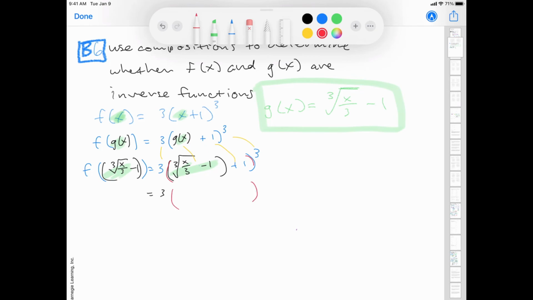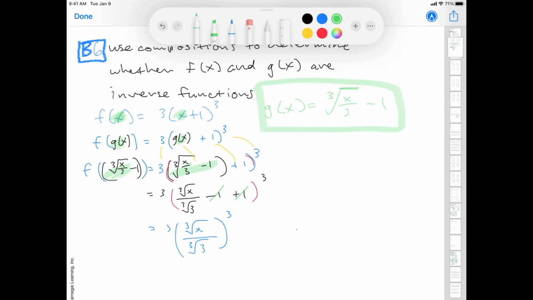In the parentheses here, you have this minus 1 and the plus 1. And those will just cancel. So then you're left with 3 times x cubed and 3 cubed, all to the power of 3.